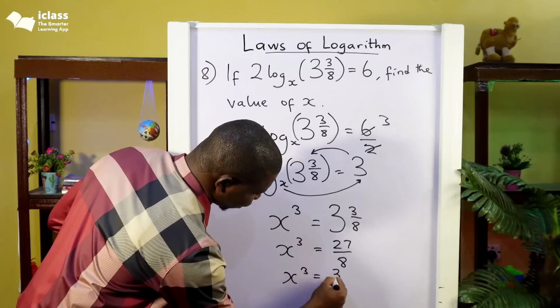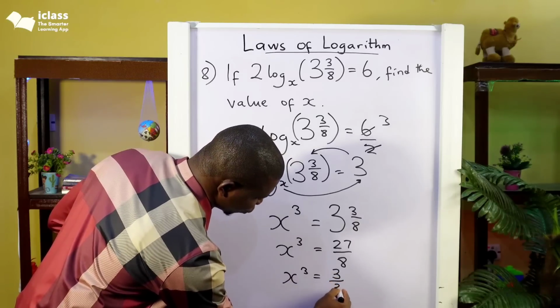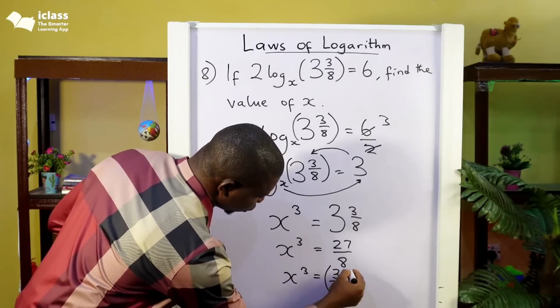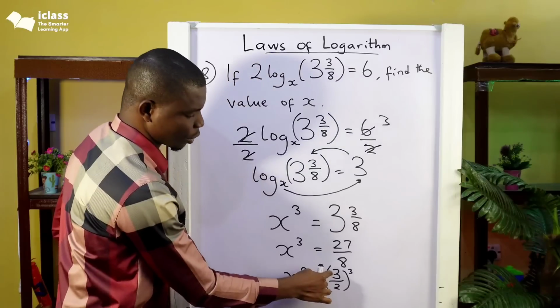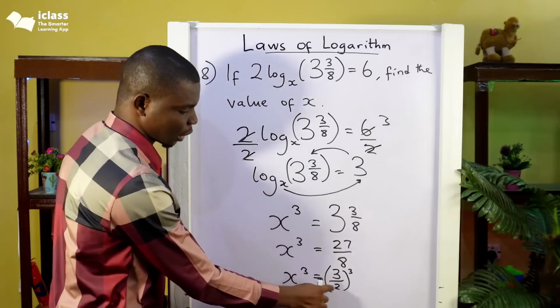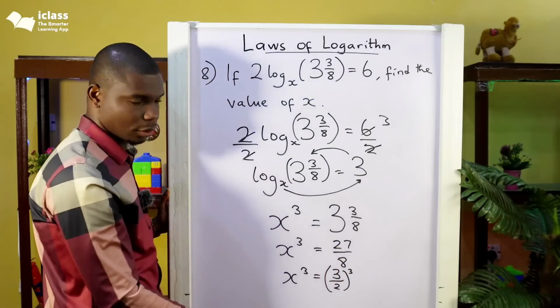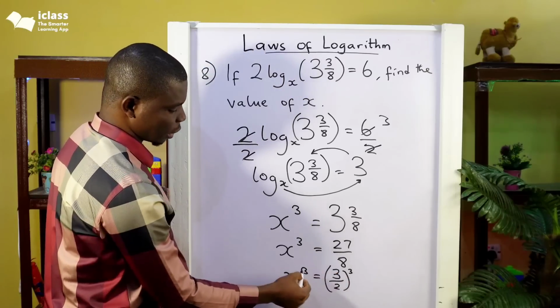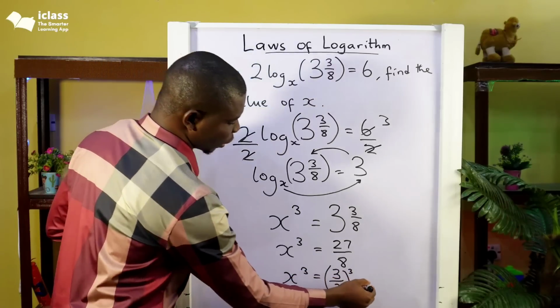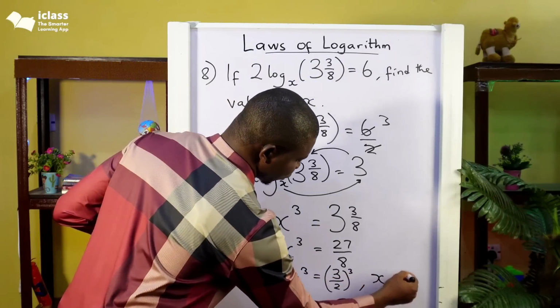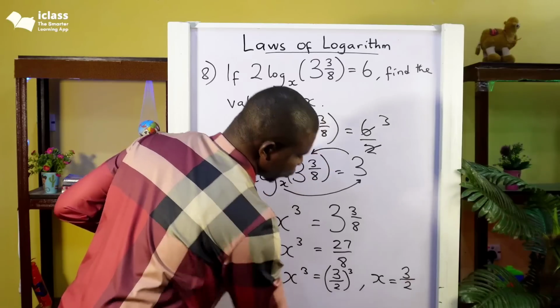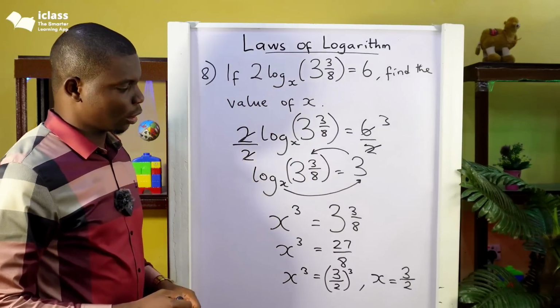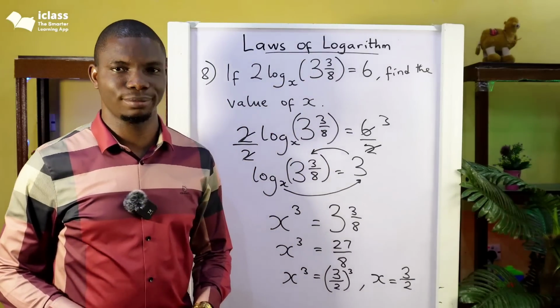This can be 3 over 2 all cube, right? Because 3 raised to power 3 is 27, and then 2 raised to power 3 is 8. Now, since the powers are the same, the bases have to be the same. So we can simply say that x is equal to 3 over 2, or 1 whole number 1 over 2.